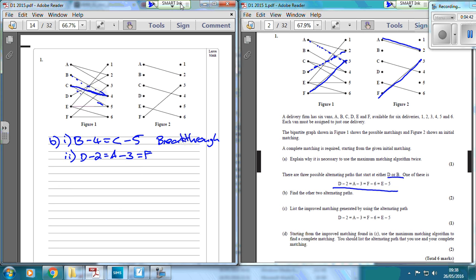And then F can only go to 6 here. 6 is matched to E. Then we can see that 6 matched to E has a choice. It can either go to 1 or it can go to 5. Now last time it went to 5. So here, what we're going to do is go from E to 1 instead.